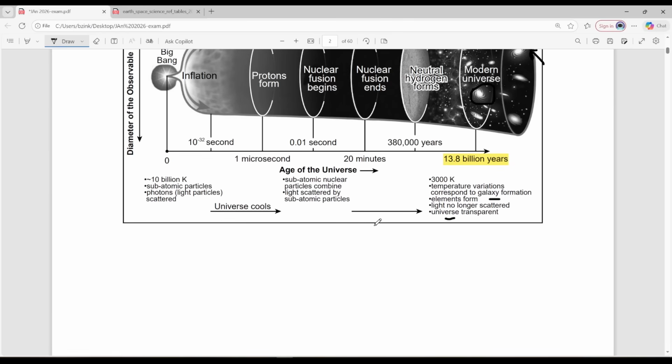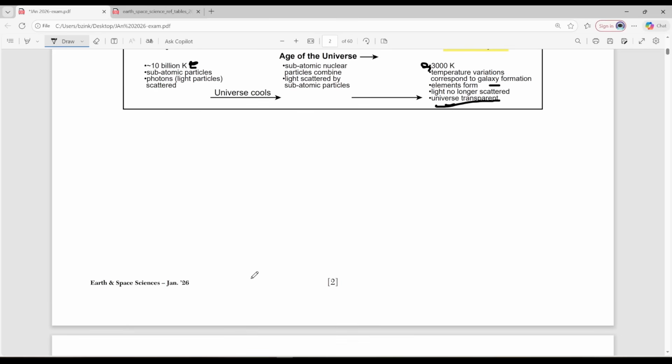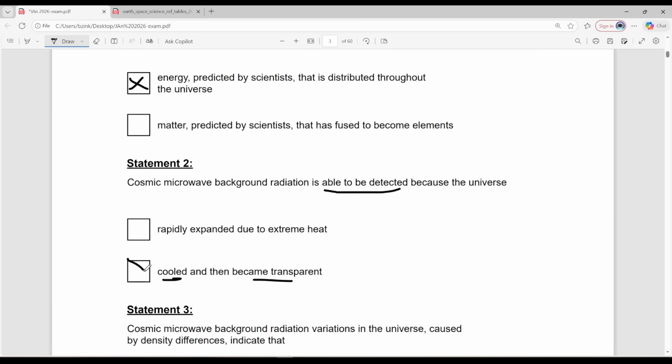Let's see. It says universe transparent right here. And then let's see, look, 10 billion Kelvin right there, and now it's 3000 Kelvin. So it did cool. So we want cooled and then became transparent.